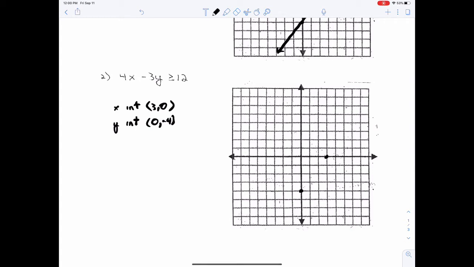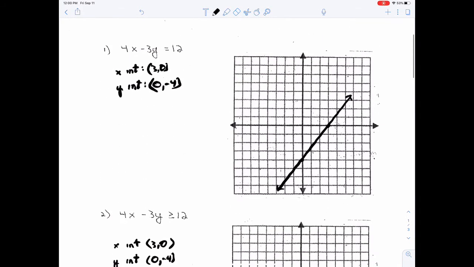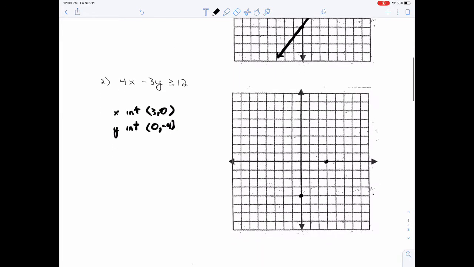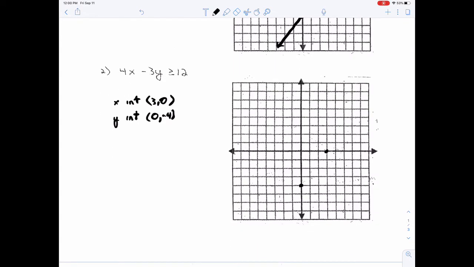Now, make sure you understand my question. Do the points on this line make the original statement true? Yeah, they do. Because remember, on this first one, 4x - 3y, if you plug in the x and y points on this line, it makes it equal to 12. Well, how about this? Is there an equal sign there? Yes, there is an equal sign.